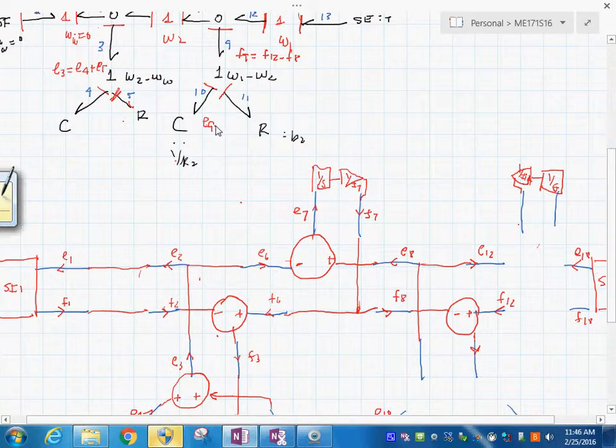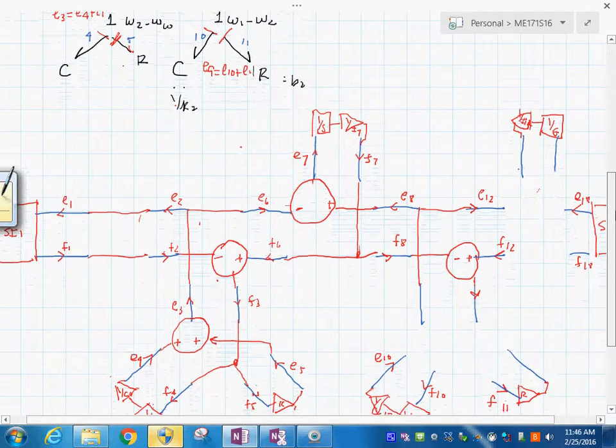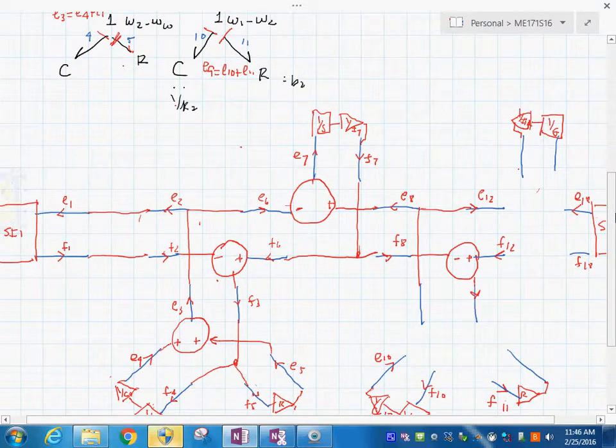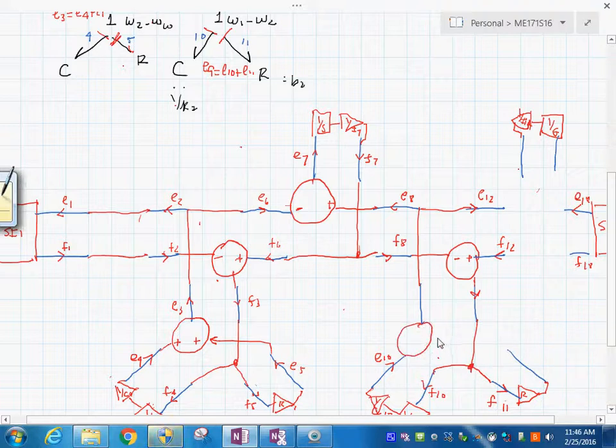You see how little by little it gets completed. The one on the right hand side, this one right here, is a one junction. So in here we say all the flows are the same. All the efforts add.